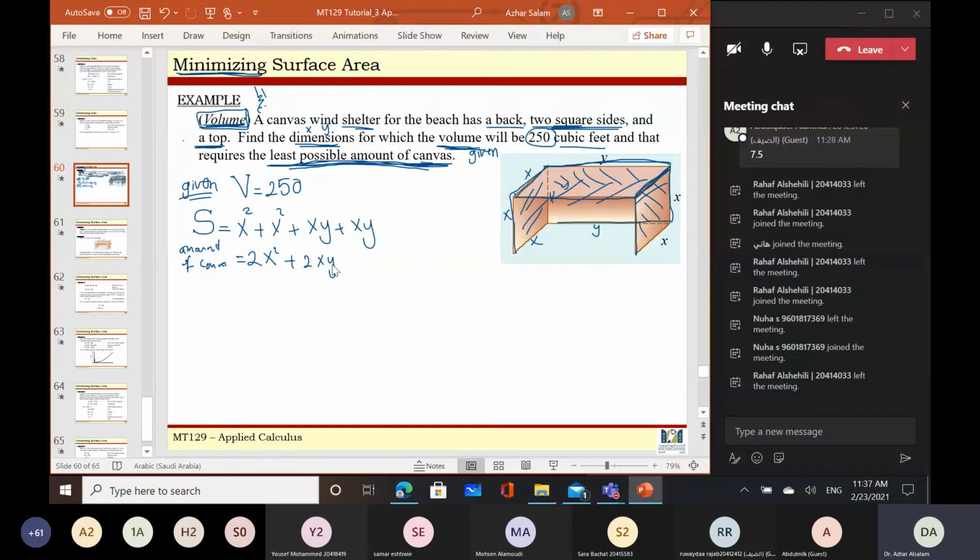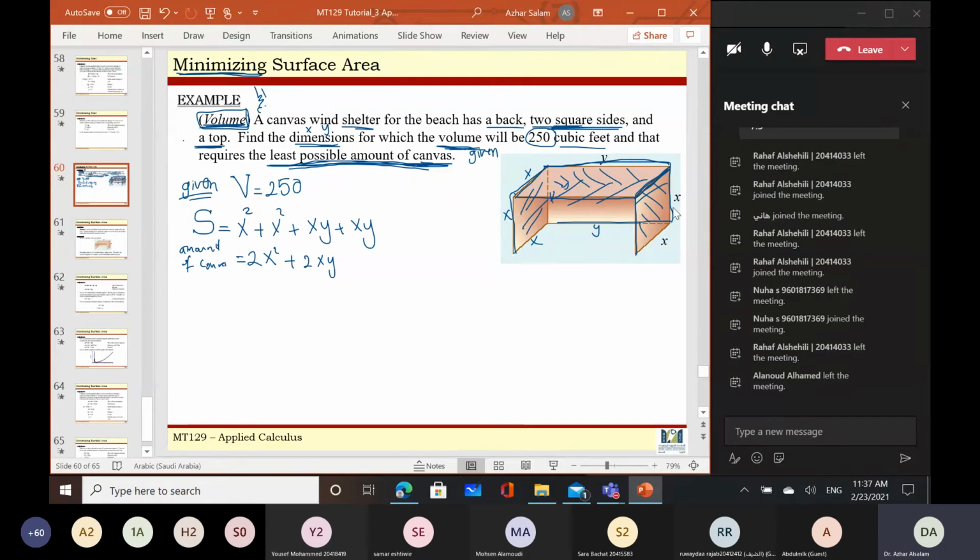So the first step is to indicate the function of optimization, the function I need to find the optimum for, which was the surface area, denoted by S. Then find its function. I don't have all the sides, I only have certain sides. So I have to add up each side.